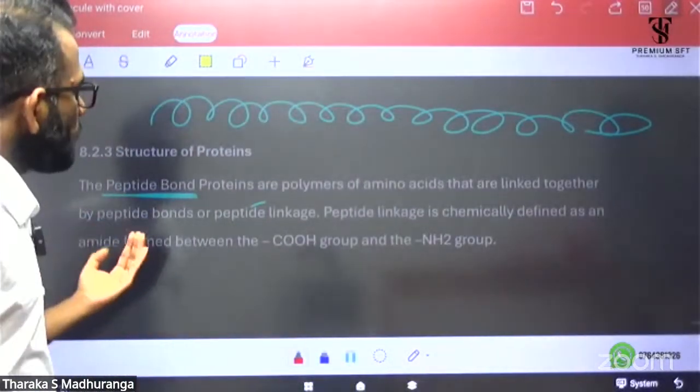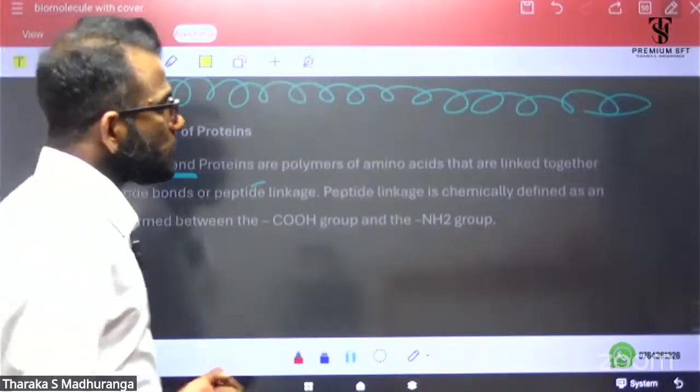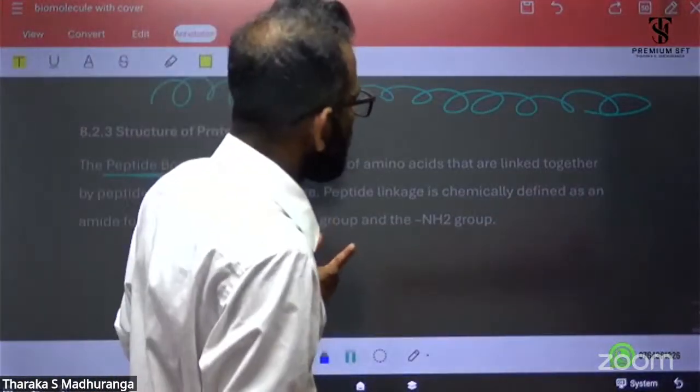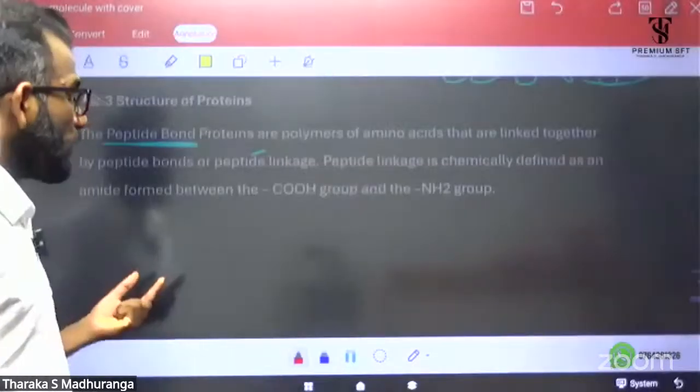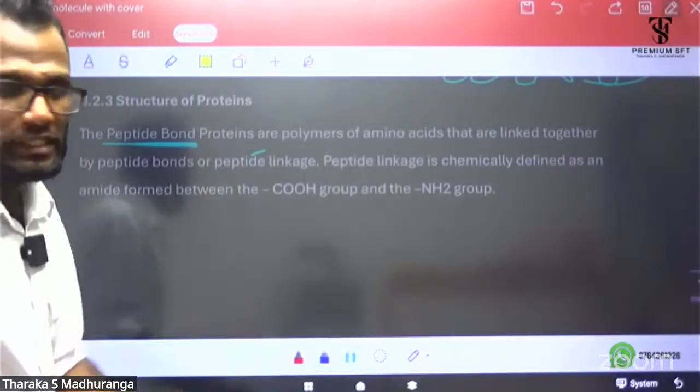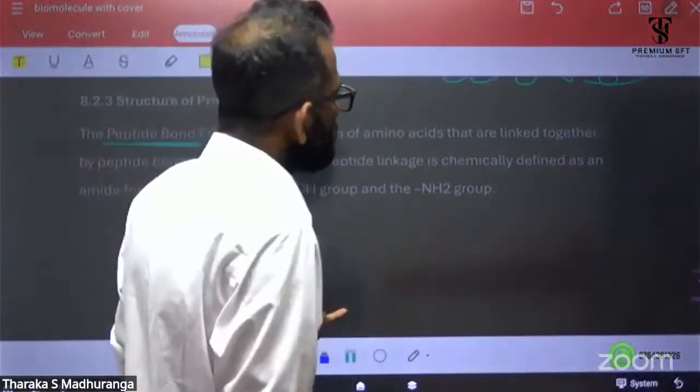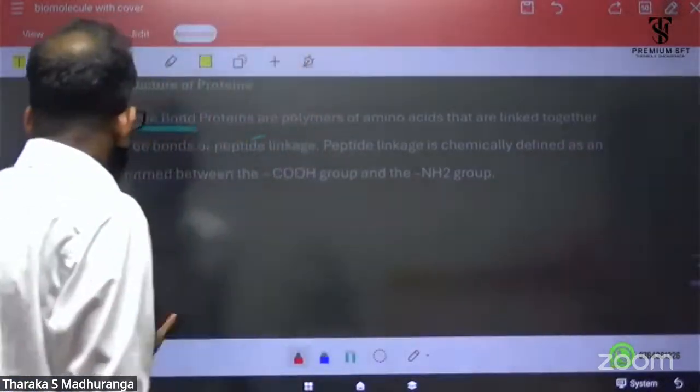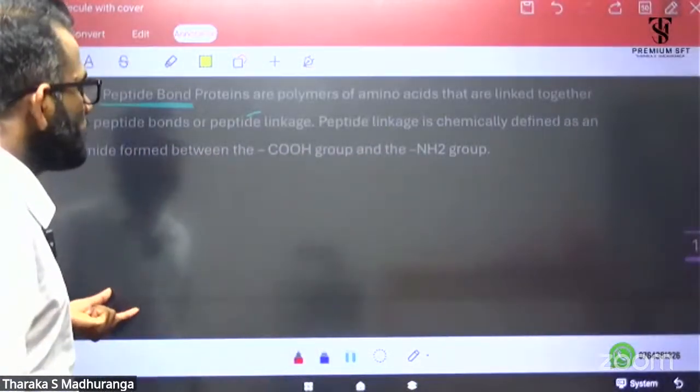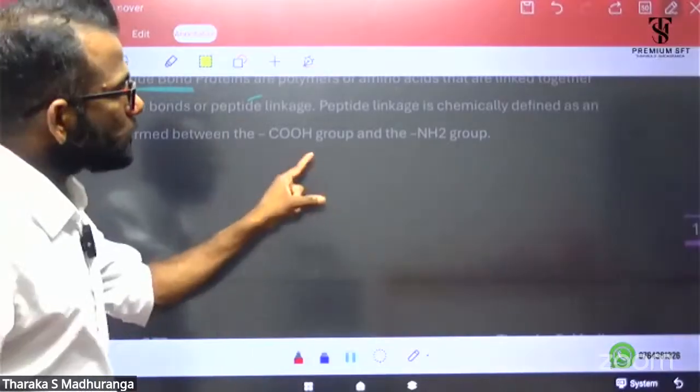Proteins are polymers of amino acids linked together by peptide bonds or peptide linkages. A peptide linkage is chemically defined as an amide formed between a carboxylic group and an amine group.